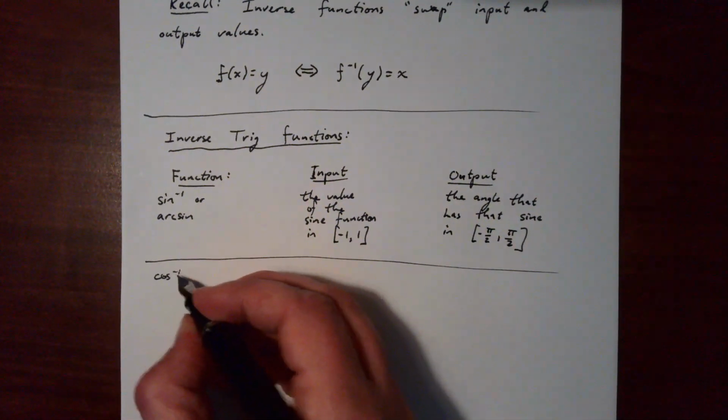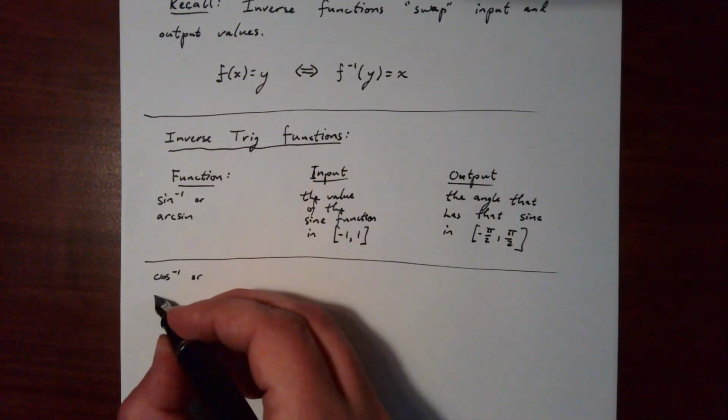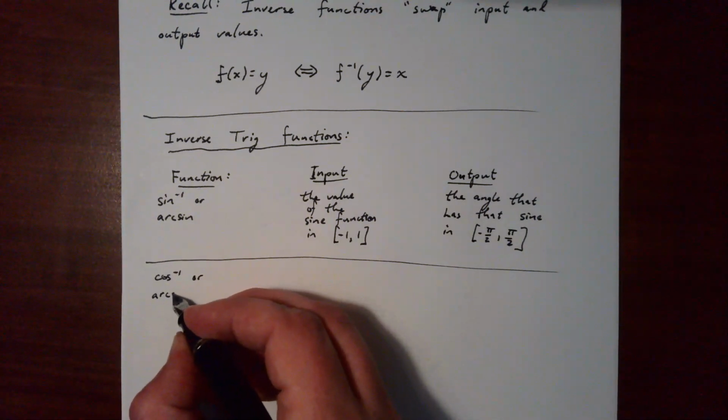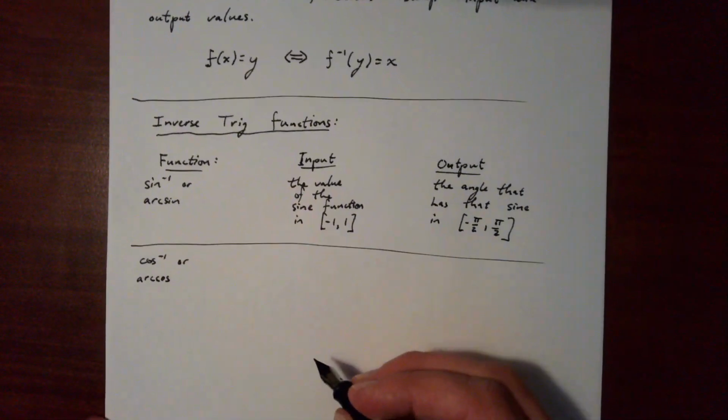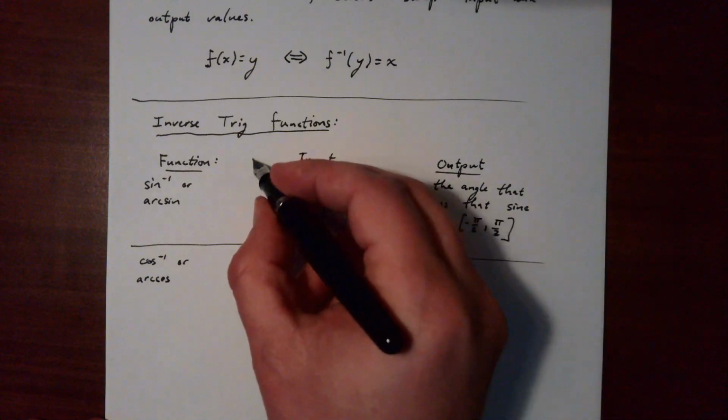Cosine inverse, or also written arc cosine, is the same thing but with cosines.